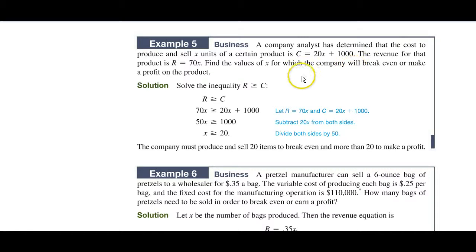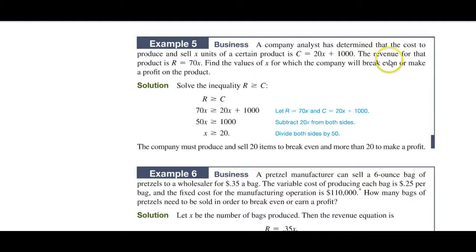So here they're telling you a company analyst has determined that the cost to produce and sell X units of a certain product is this. So this is sort of like the cost function. Cost is this. And the revenue is this.